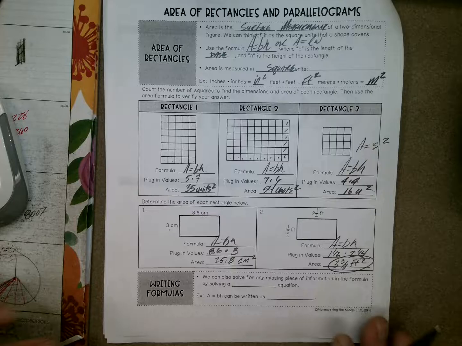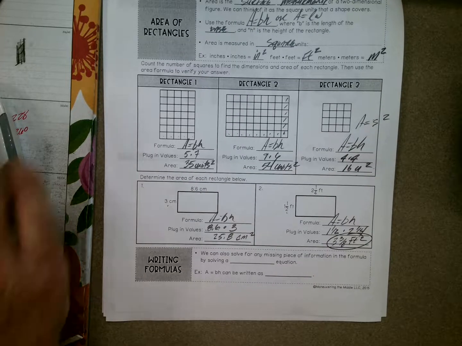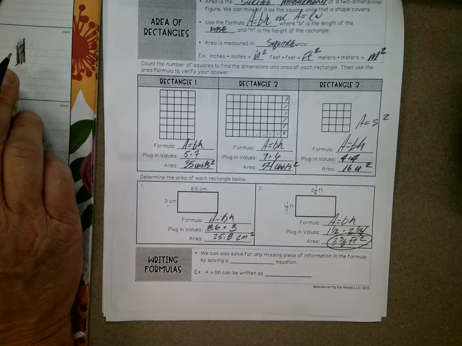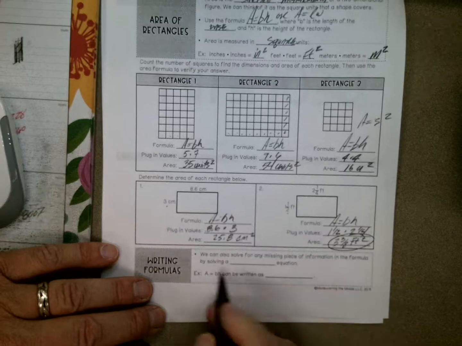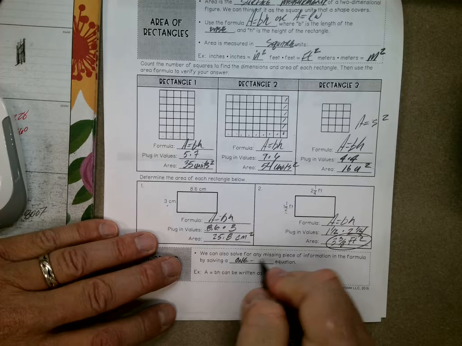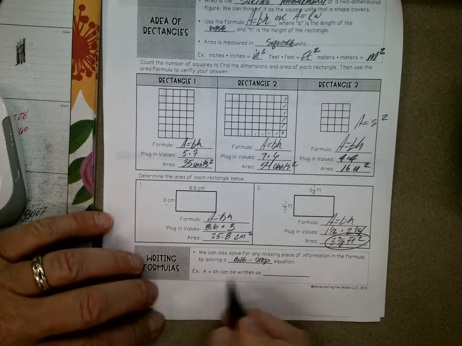There's nothing to that, but now we're going to start to work backwards a little bit. We can solve for any missing piece of information in a formula by solving a one-step equation.